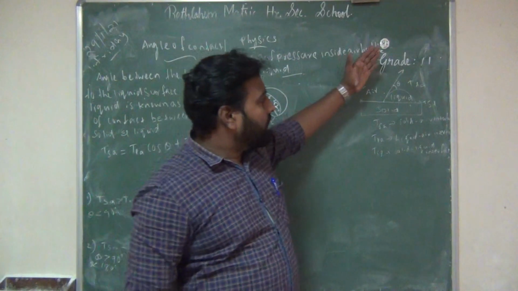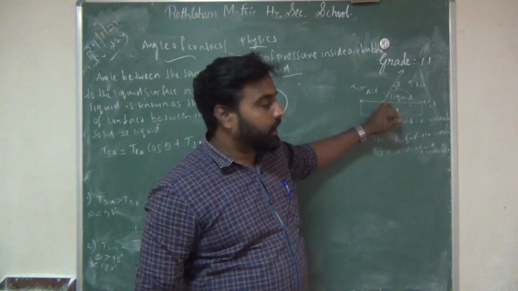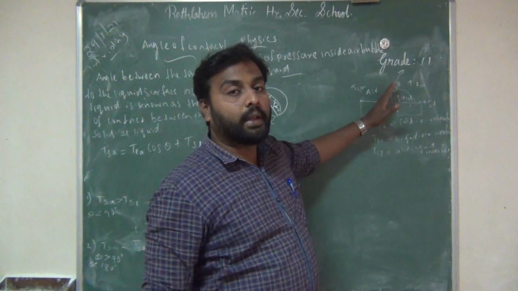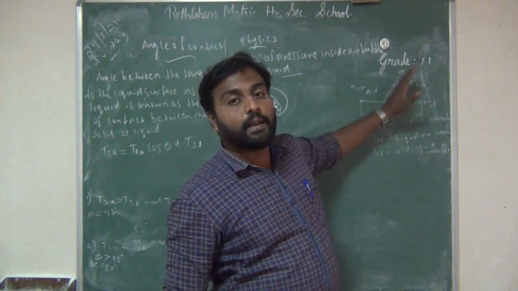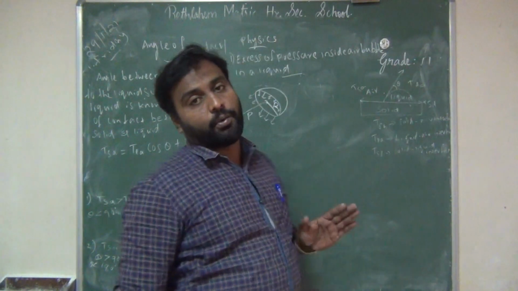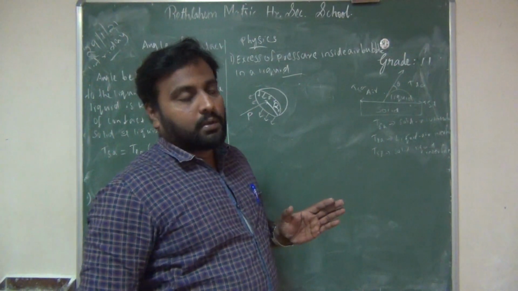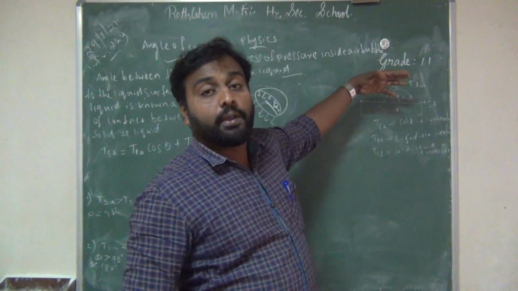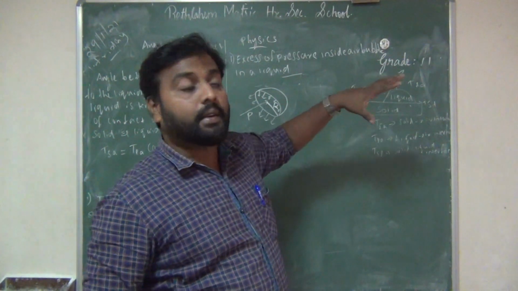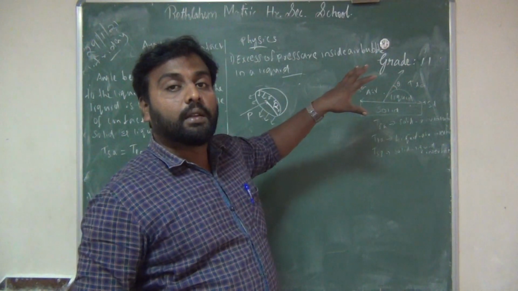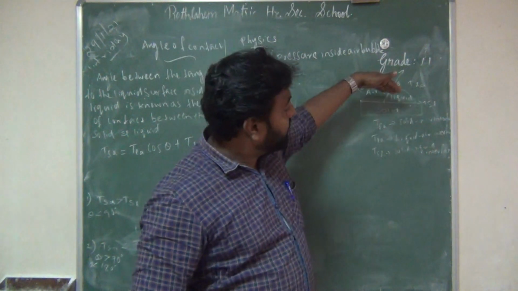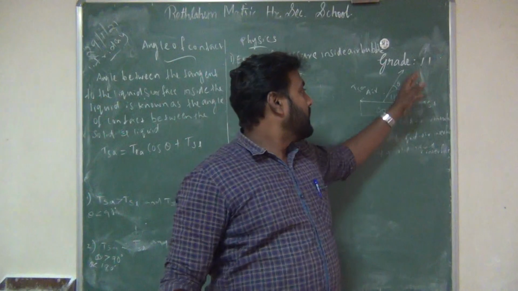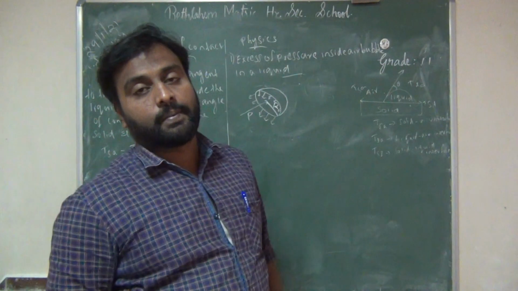So in between these layers, you see here solid, liquid, air. We can see a line tangent to this liquid. So the line tangent to this solid liquid surface, there is an angle forming between this liquid and this air surface.